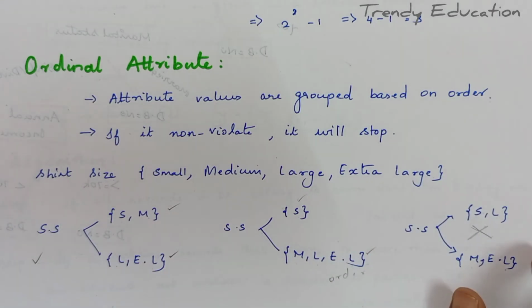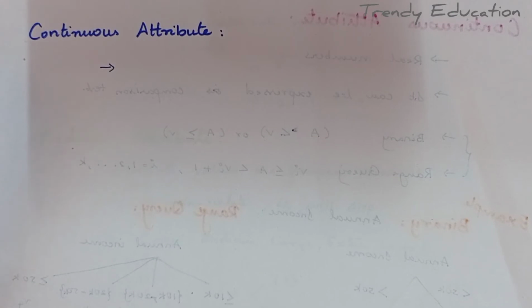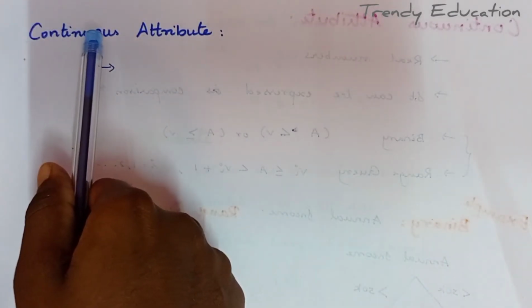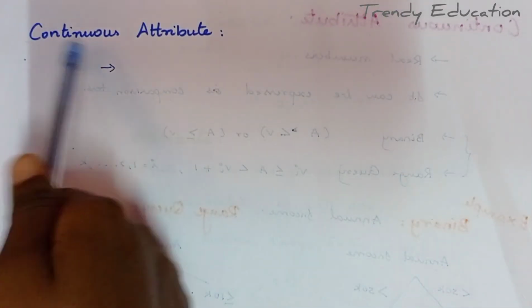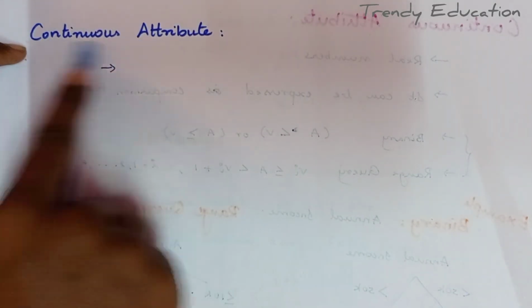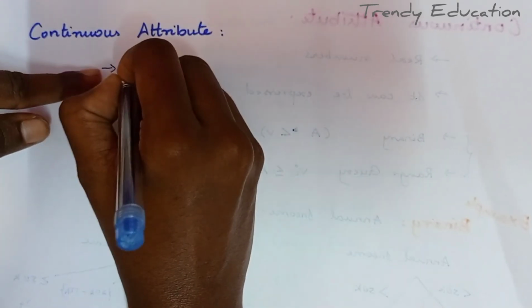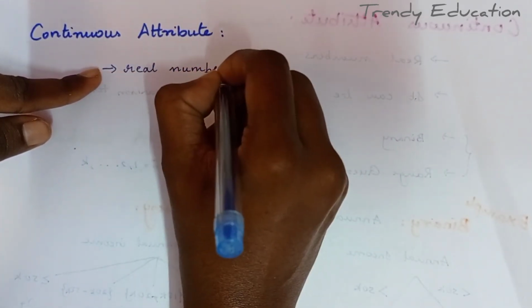So let's come to the last attribute, the continuous attribute. A continuous attribute is nothing but a number, mostly based on real numbers, because the numbers continue. This word continuous means that it represents some type of numbers.